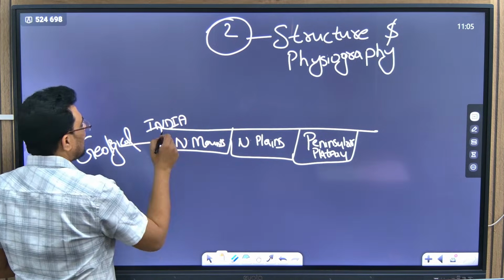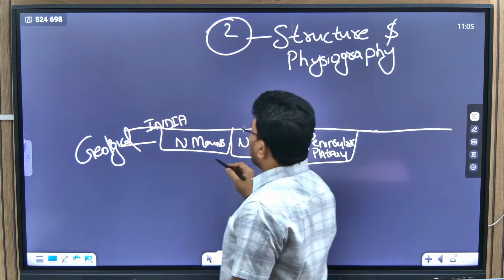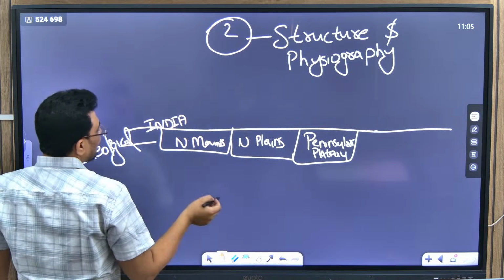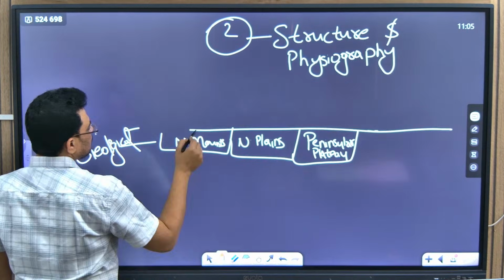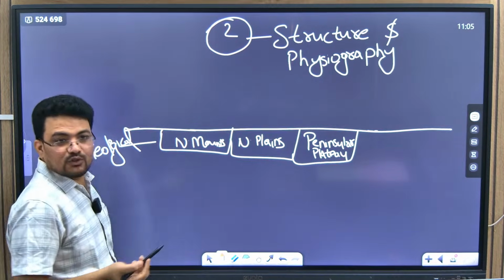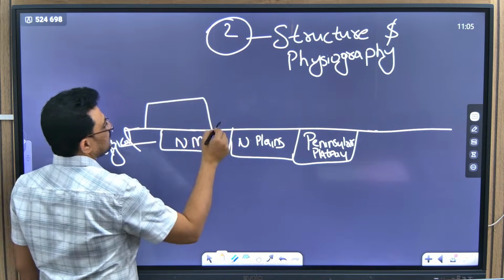Now come to the top. Here, if you see from above, the physical features that you will find are six.